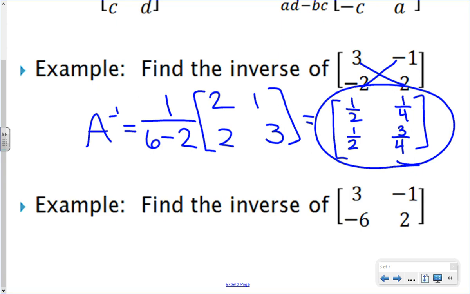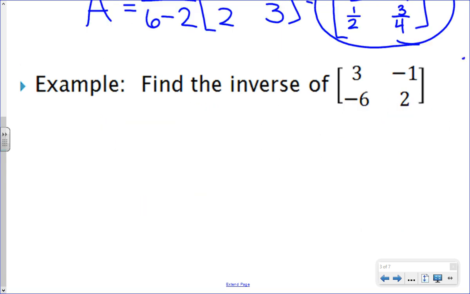All right, please write down this matrix right here. 3, -1, -6, 2. So A inverse.